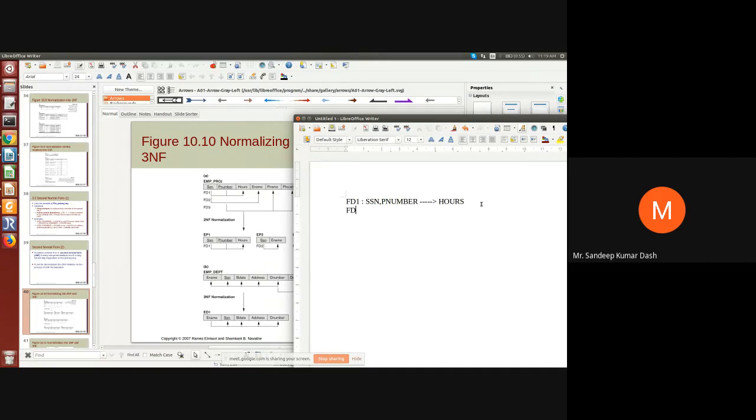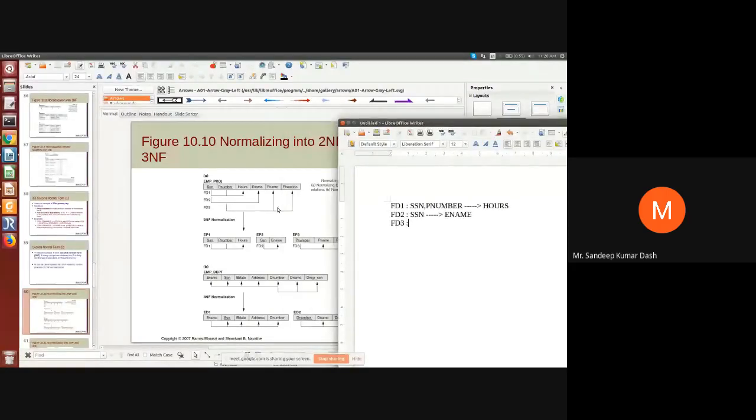If it is directly written like this, it will be better if you draw a figure like this one. SSN determines ename. Similarly, FD3 is P number determines P name and P location.